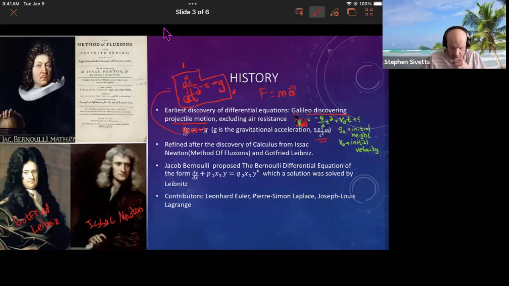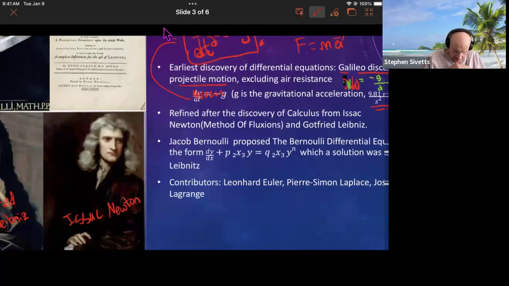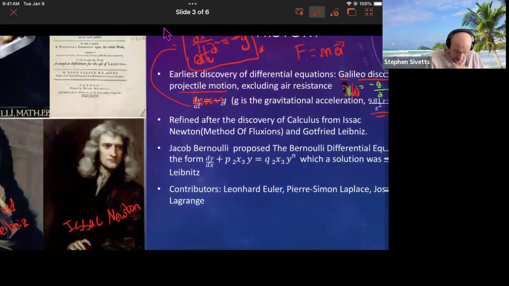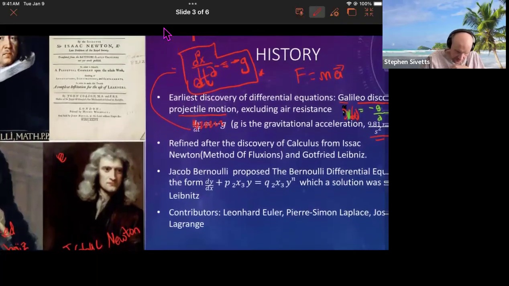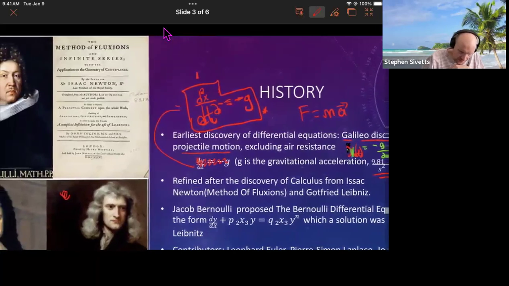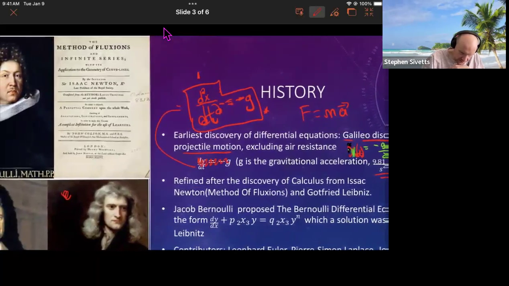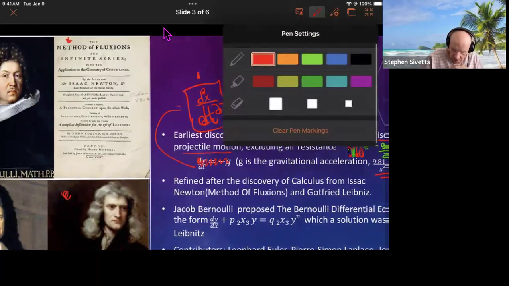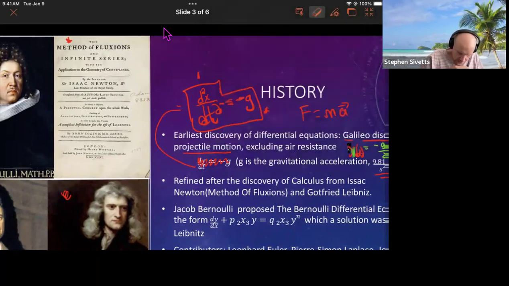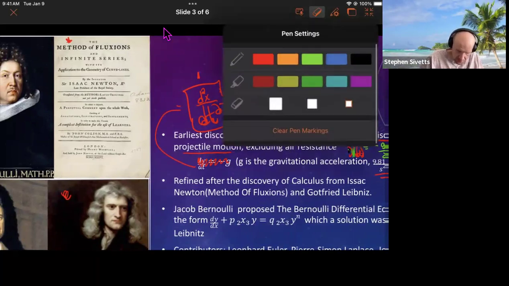You can see Isaac Newton's concept of differential equations in his paper, The Method of Fluxions, and his work on infinite series. His entire formulation of differential equations comes from his book, The Method of Fluxions.